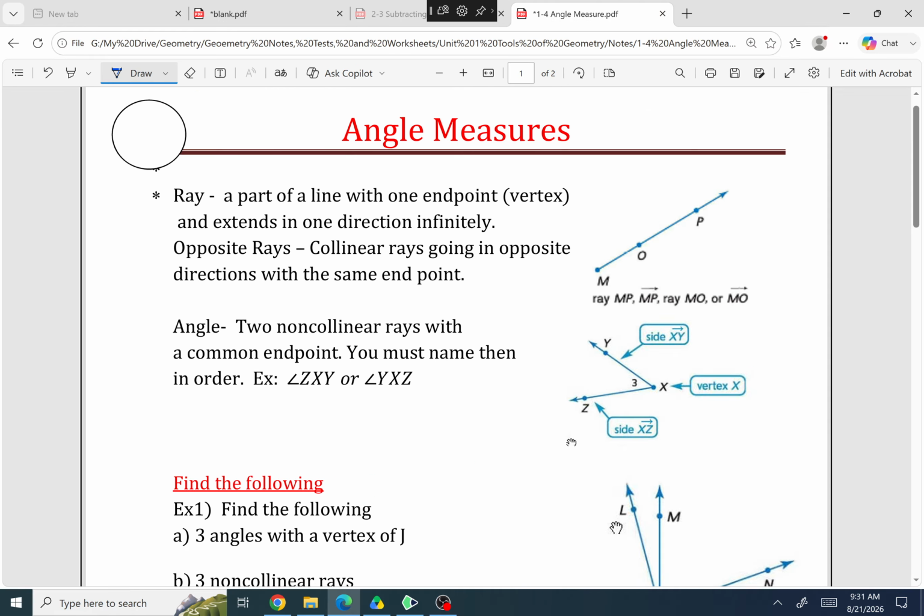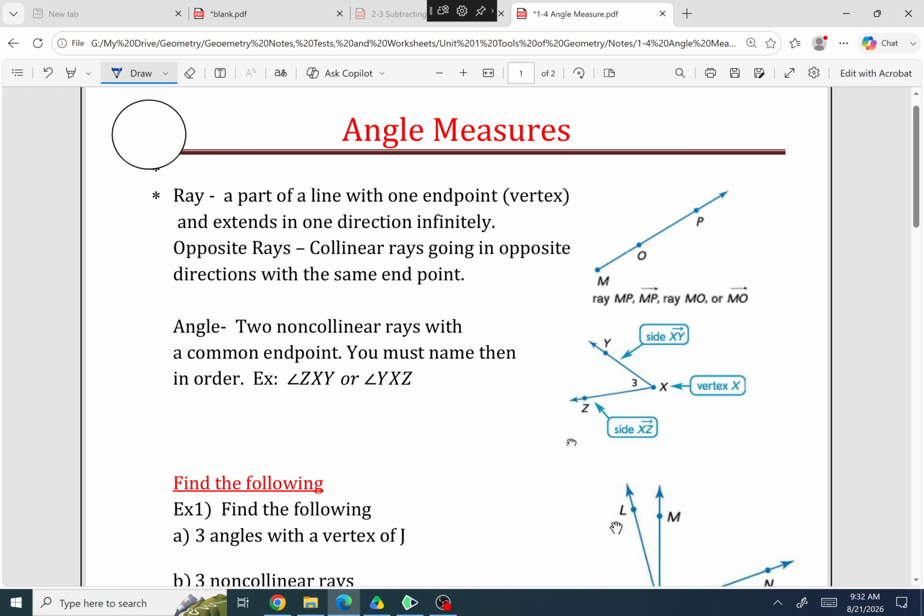So let's go to angles, yeah? So we got rays, a line with one endpoint, the vertex, that extends in one direction infinitely, right? Opposite rays. Opposite rays is where you take a ray and you slap it on to another ray going in opposite directions. The way I like to visualize that, it's the sun.